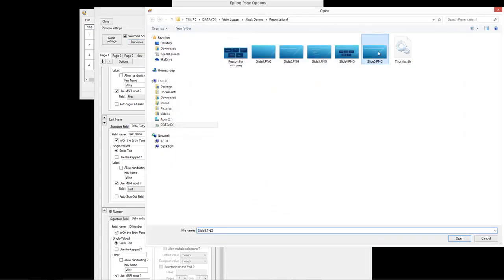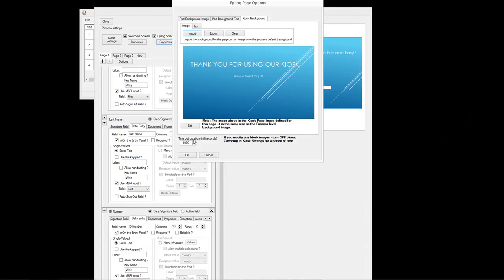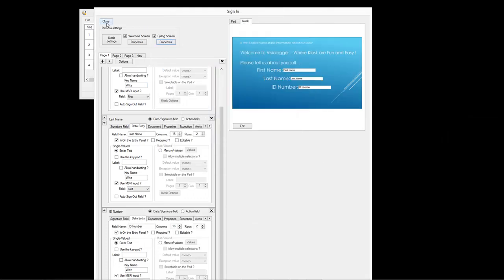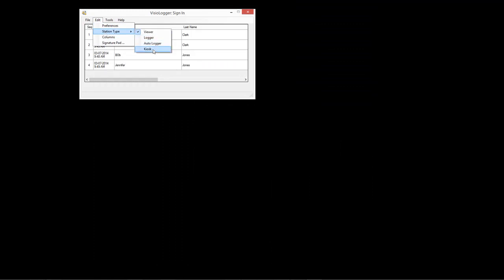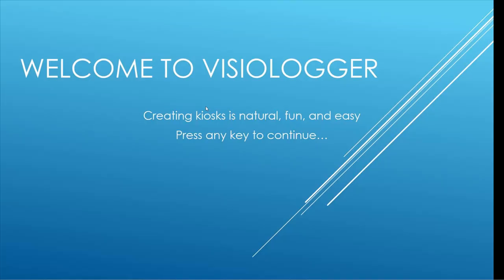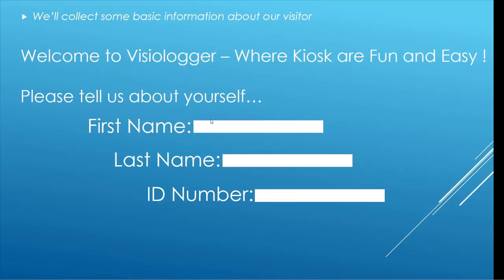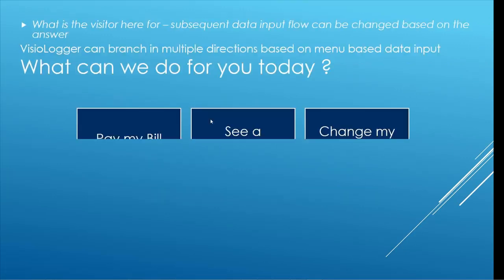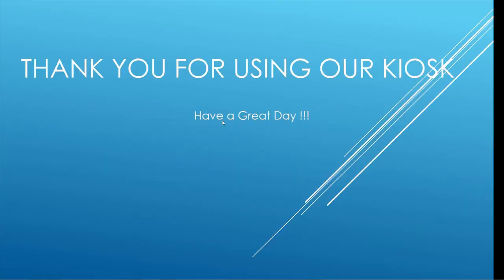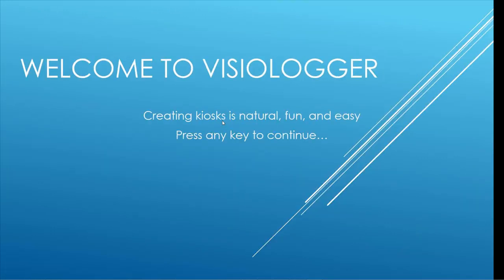That is thank you for visiting, and it will be active for 1 second. Let's run it. The kiosk, there's a welcome screen. There's please press here to continue. I fill in the fields and, something new, see a representative. There's my epilogue screen. It lasted for 1 second.